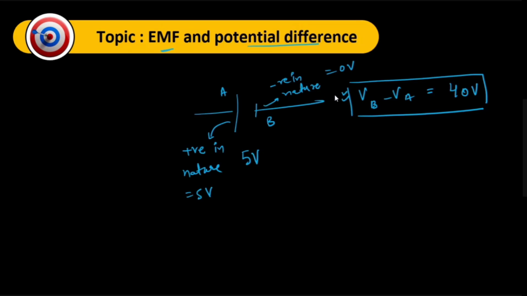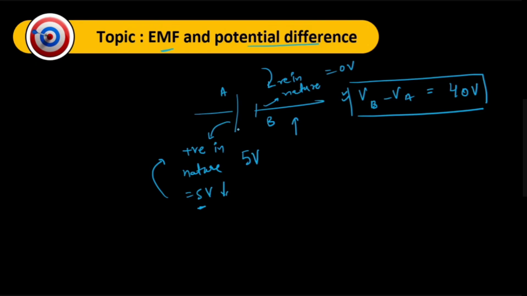But there comes a time when the potential becomes equal for both of them. What happens is that the 5 volts will slowly get transferred to this B plate, its potential starts rising and the other's potential starts decreasing. Every time you subtract the two numbers, you'll get 5.